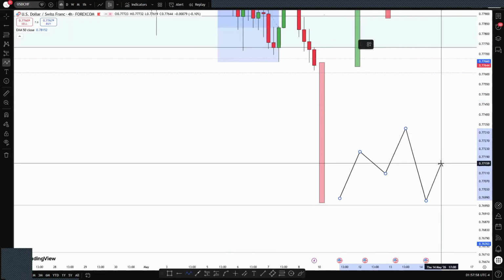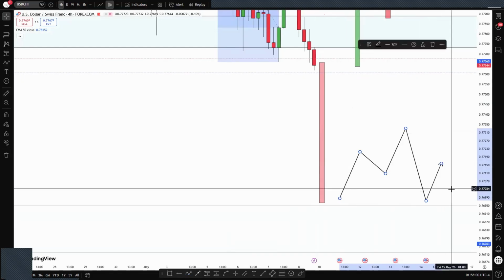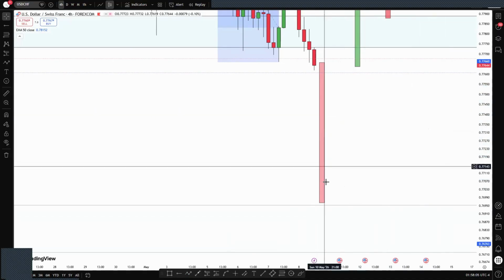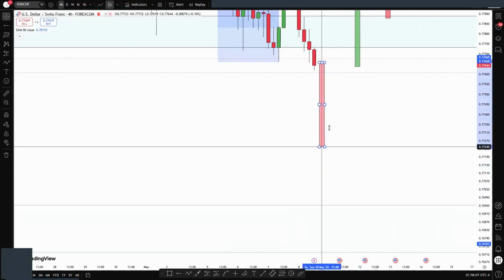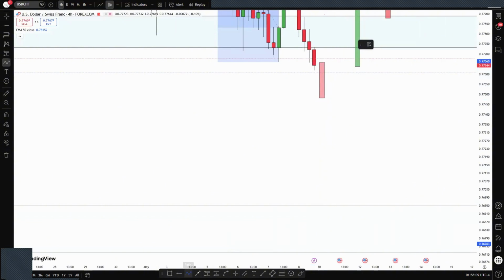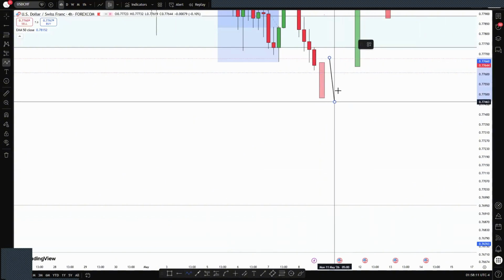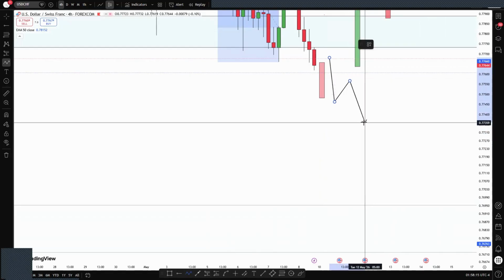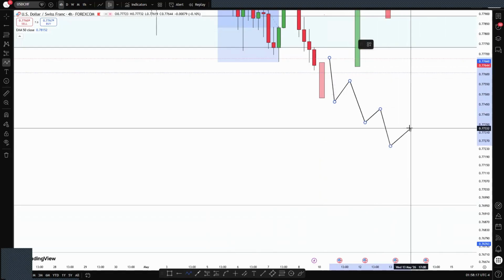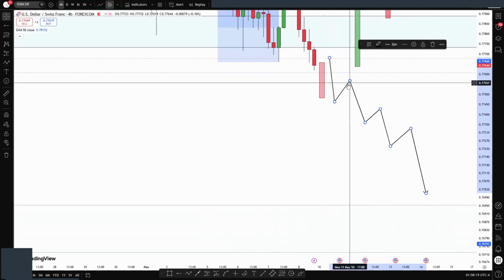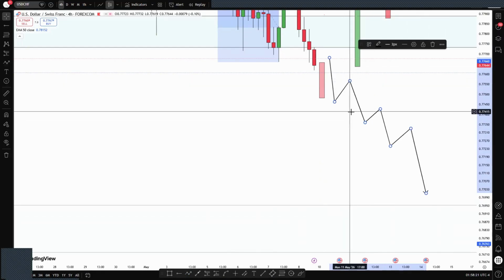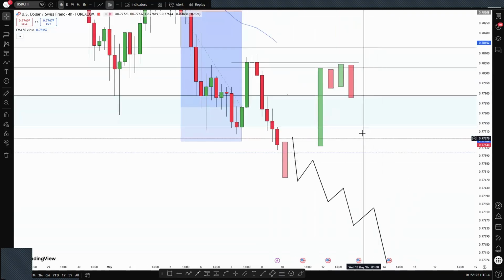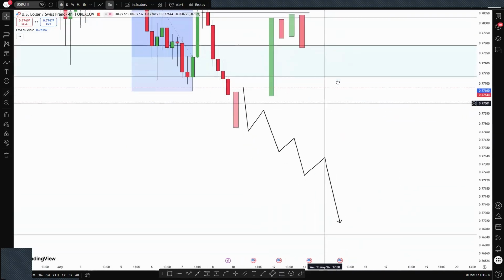Because once it makes a new lower low, price can drop like this, and once it drops and gives you maybe a nice green candle and drops again, it has made a new lower high and a new lower low. So this entry is invalid until price comes back to this zone and goes bearish.